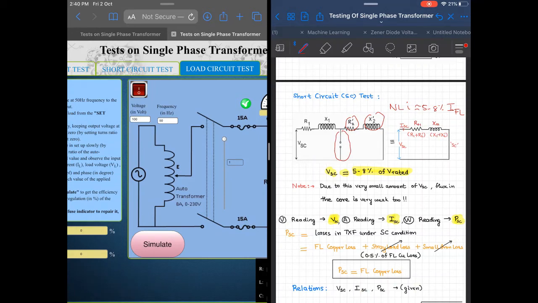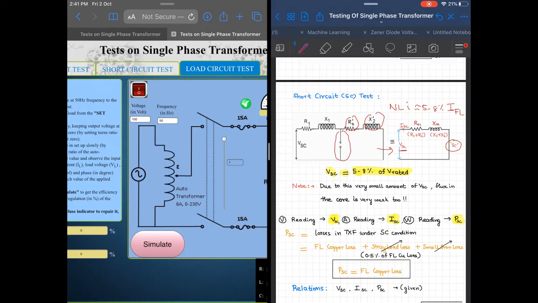Now since we have removed the shunt branch, all these elements will come in series and the equivalent circuit will be this. So secondary side is short circuit and we apply short circuit voltage and the current flowing is ISC, that is the rated current.